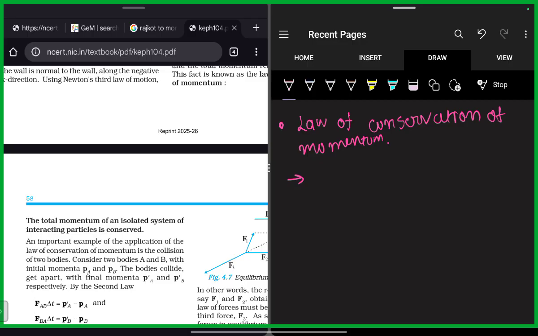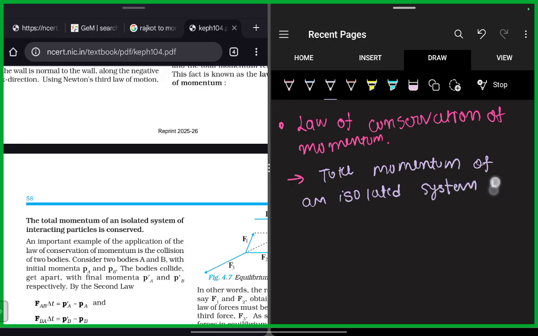It says that total momentum of an isolated system is constant.